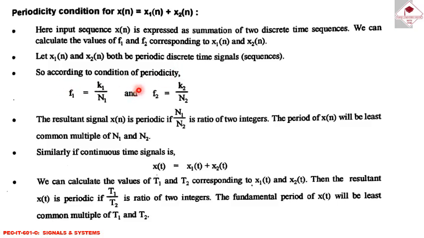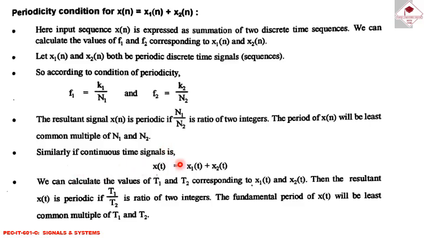So according to the condition of periodicity, f1 is equal to k1 by capital N1 and f2 is equal to k2 by capital N2. The resultant signal x[n] is periodic if N1 divided by N2 is a ratio of two integers. The period of x[n] will be the least common multiple of N1 and N2.